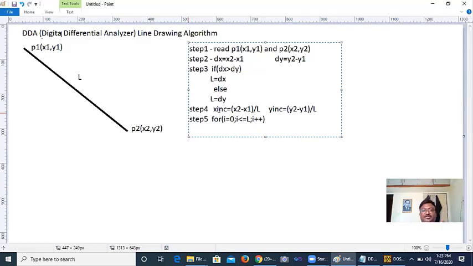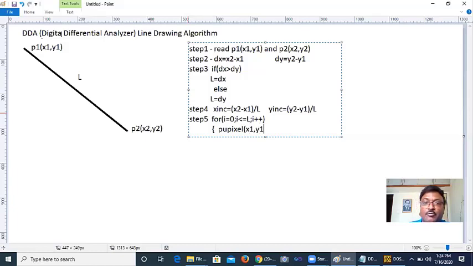That means the initialization, condition and increment. Here, starting your curly bracket, put pixel with the value x1, y1, which is my initial point.